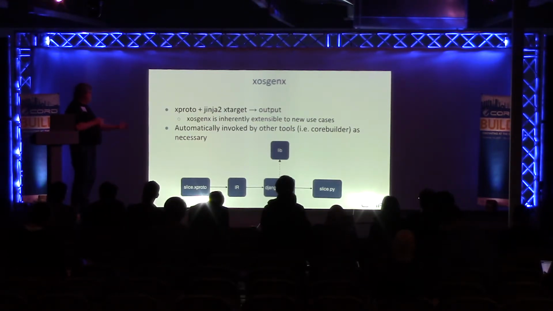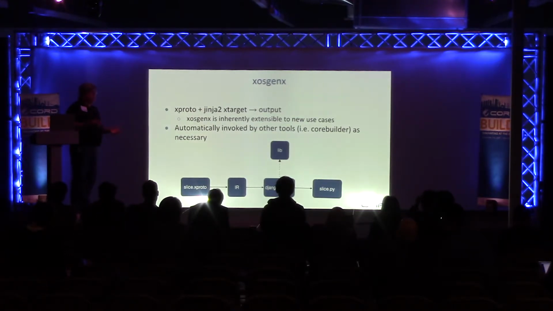So down here is a graphical example. We have a slice.exproto. That is the ExProto definition of the slice object in XOS. We convert that to an intermediate representation internally, and then we apply it to an X target called Django.xtarget.